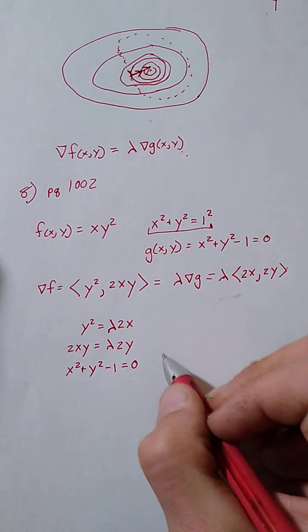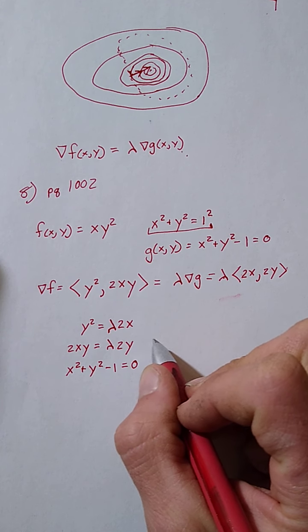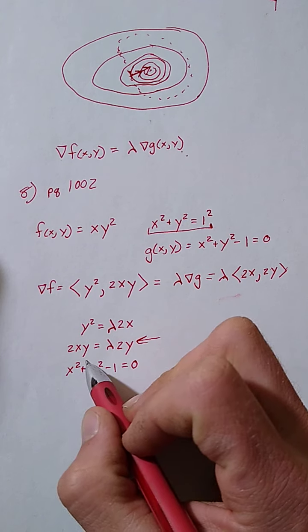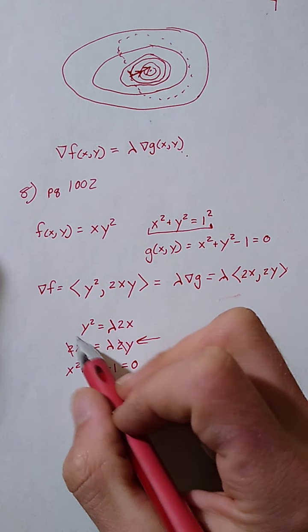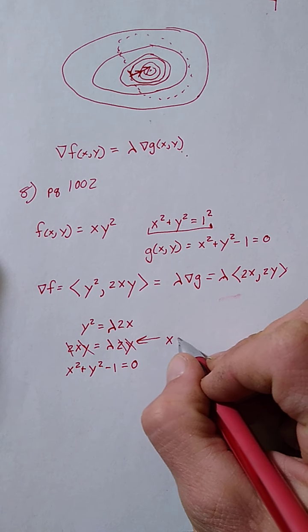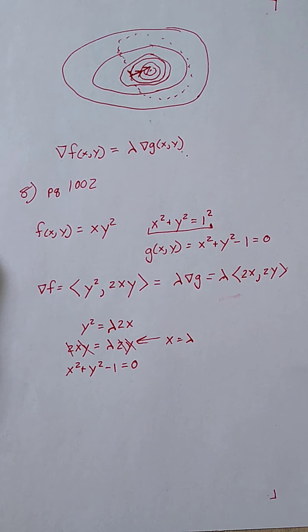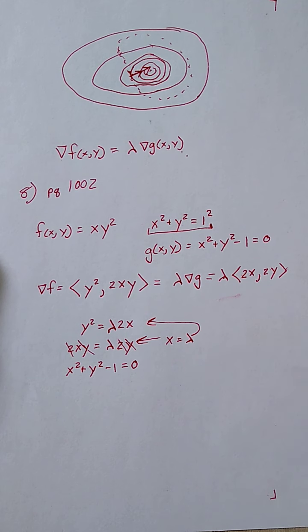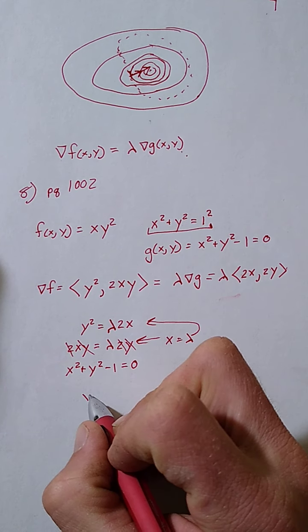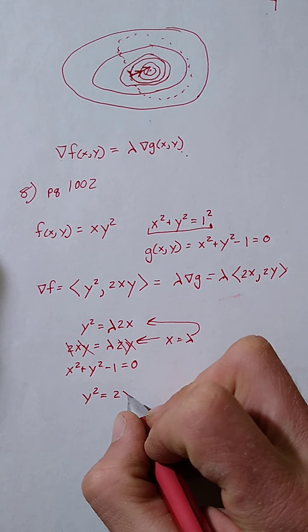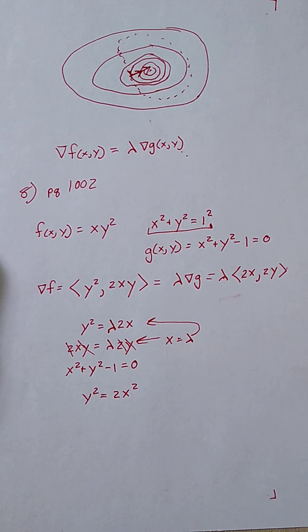Okay, so solving those, it doesn't matter which order we do it, but that one looks the easiest because I can simply cancel a 2 from both sides and a y from both sides, and I get that x equals lambda. We can then plug that into the top equation, and we get y squared equals 2x squared.